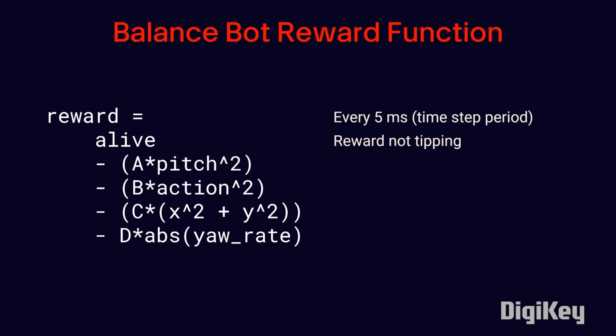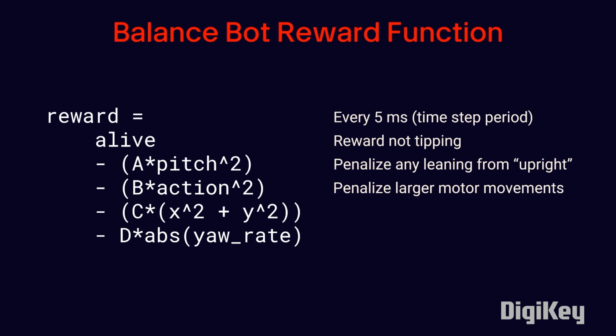We then subtract some coefficient a times the square of the pitch. Assuming 0 radians is perfectly upright, we want to penalize the robot leaning beyond that. Next, we subtract some coefficient b times the square of the action taken. In this case, we simply sum the squares of the actions chosen by the agent. This penalizes jerky motions and encourages small, deliberate movements in the motors.